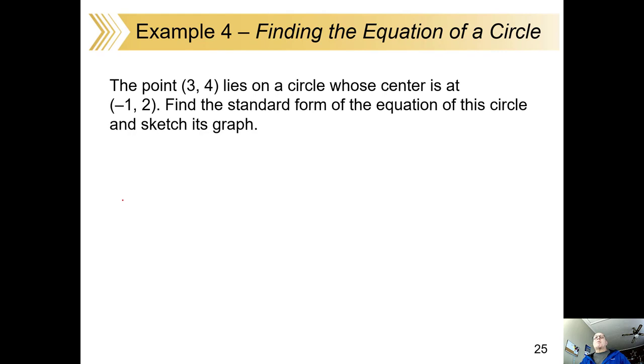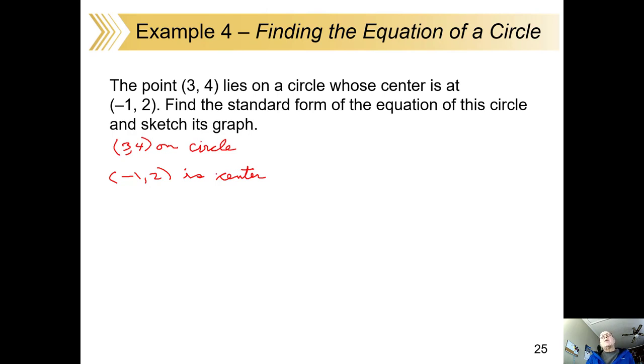Now, we've got a small problem here to work with, and we've got a point 3, 4, it's on the circle, and -1, 2 is the center of the circle.